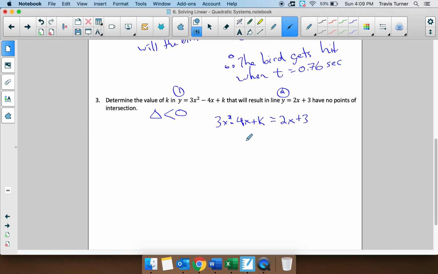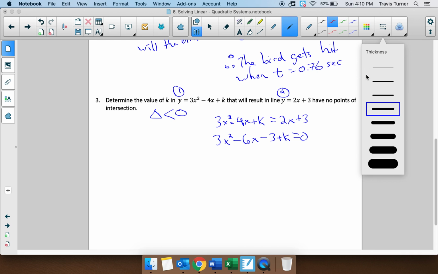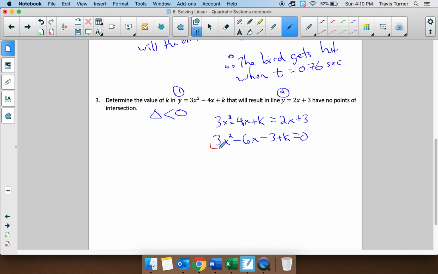If I move everything to one side, so I've got negative 2x coming over, so that becomes negative 6x. And then I've got plus k but minus 3. And that's equal to 0. So these are the values I want to put into my discriminant. So I've got a, b, and my c is going to be 2 terms.